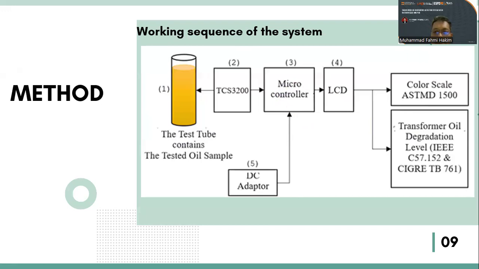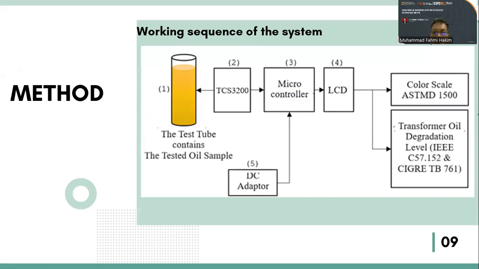The result of the transformer oil color scale is further interpreted using IEEE C57.152 and CIGRE TB761.